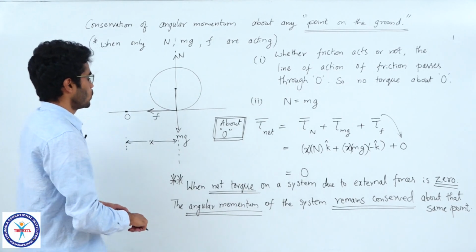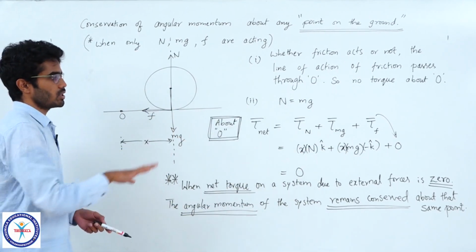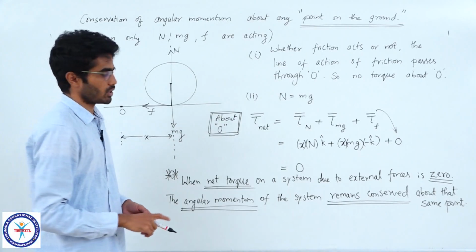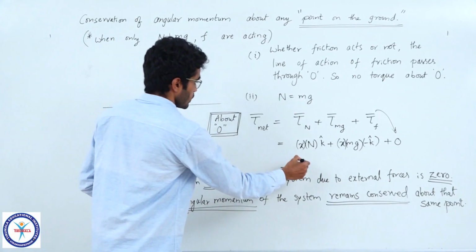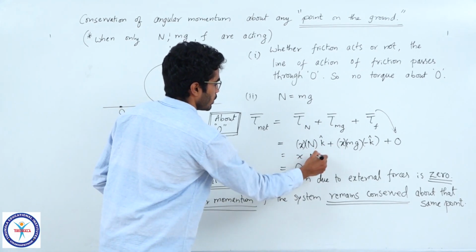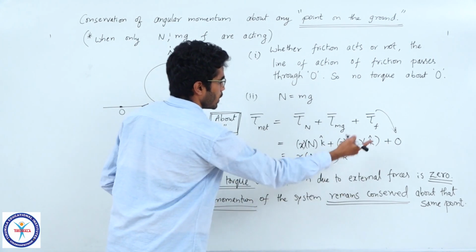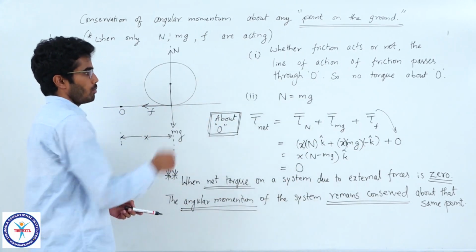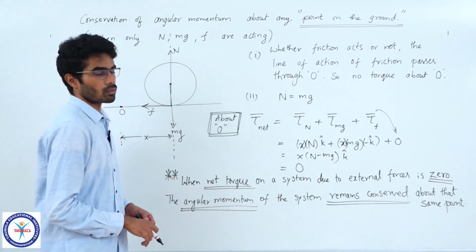So, the second expression is the perpendicular distance x into mg, but pointing inwards, minus k cap there. So, the net torque, if you see, is x into N minus mg k cap, but normal reaction is always equal to mg here. So, the net torque will be 0.